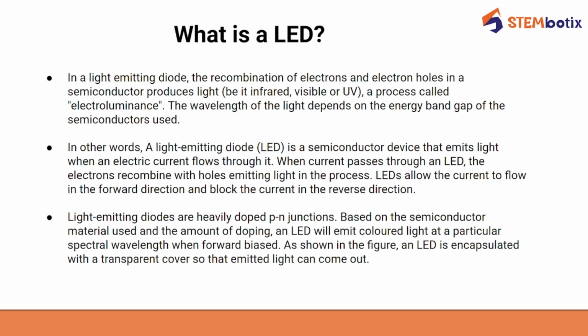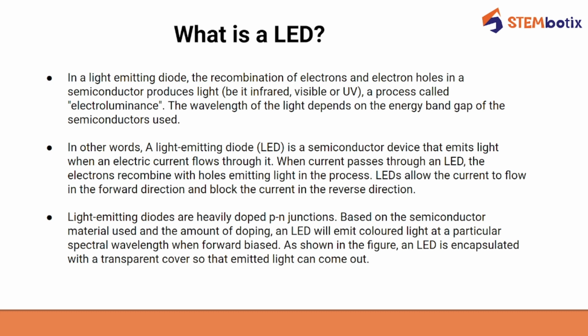When current passes through an LED, the electrons recombine with holes, emitting light in the process. LEDs allow the current to flow in forward direction and block the current in reverse direction. So LEDs perform the basic function of a diode, which is to allow current to flow in forward direction and block it in reverse direction.